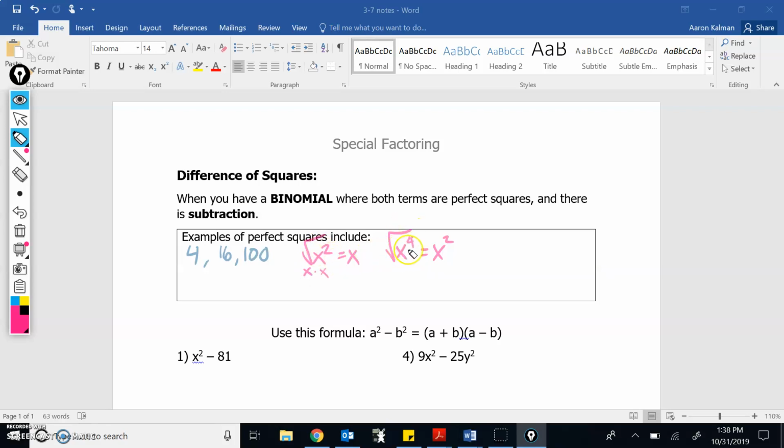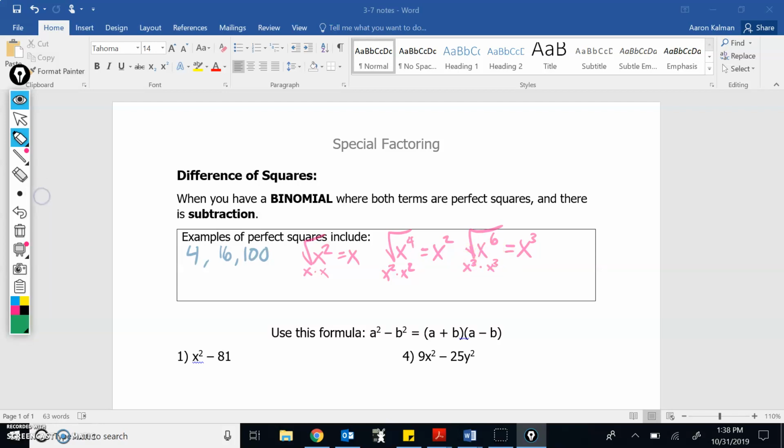What number can we multiply by itself to make x to the fourth? x squared times x squared. x to the sixth is also a perfect square because what number can we multiply by itself to make x to the sixth? It's x to the third, because remember we do product rule, we add the exponents.